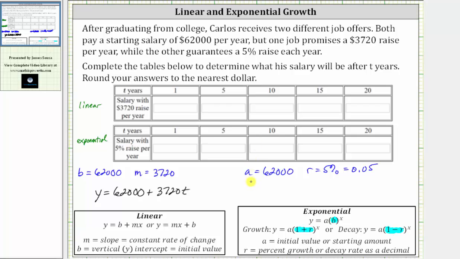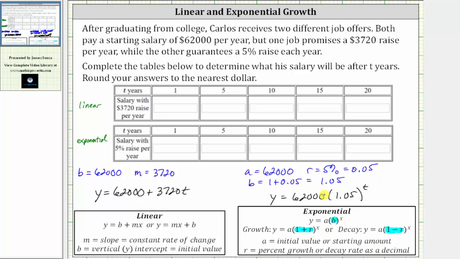So in our case, the base b is equal to 1 plus 0.05, which is equal to 1.05, which means when the raise is 5% per year, the annual salary y is equal to 62,000 times 1.05 raised to the power of t. Again, we're using the variable t instead of x.